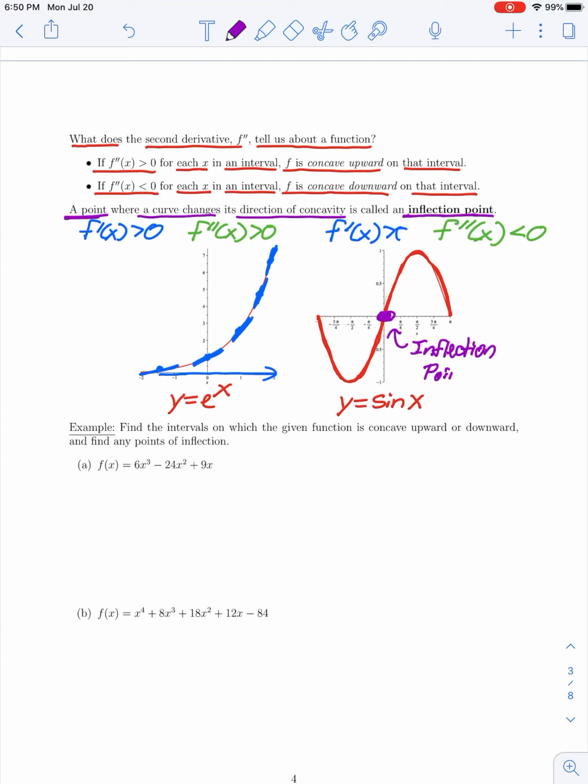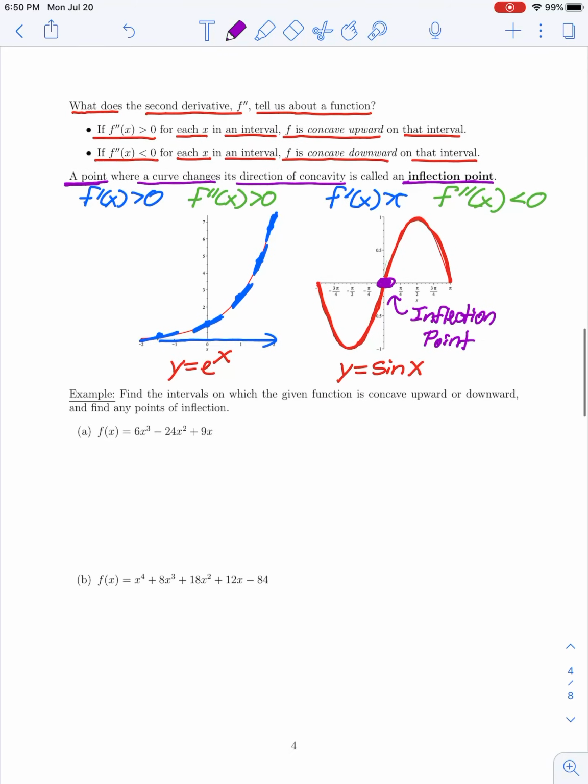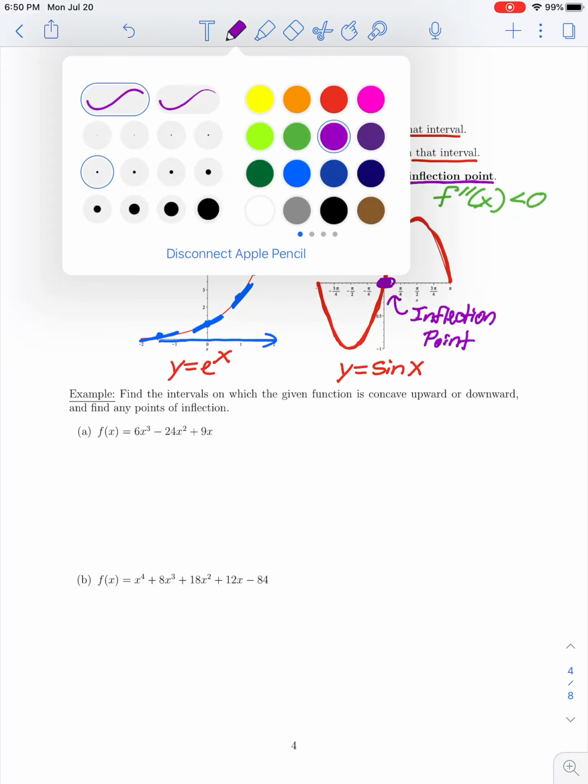All right. So let's look at some examples of determining the intervals of concavity or inflection points for a function, and then we'll consider some applications.